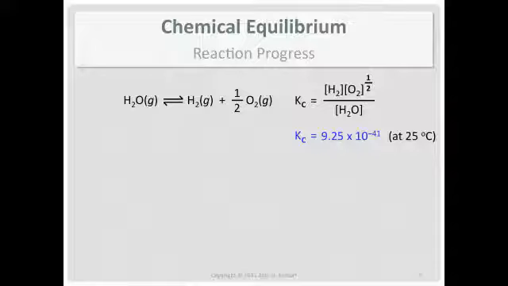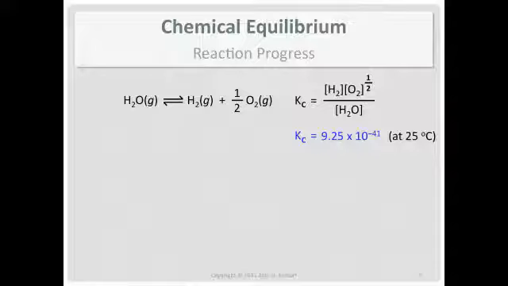And we want to see what kind of information we can get just from looking at the numerical value of the equilibrium constant. 10 to the minus 41. That's a really small number. Look up above there at the equation. If you have a really small number, what's bigger, the numerator or the denominator?